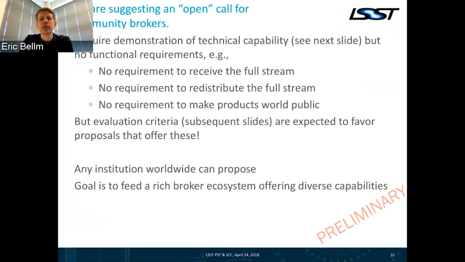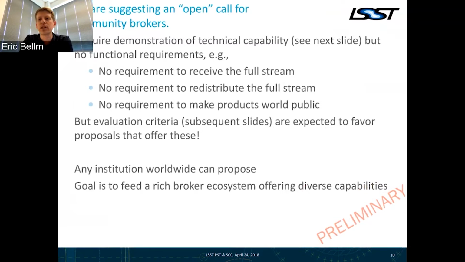And so we're not in particular expecting to levy strict requirements to even receive the full stream or redistribute the full stream or make the products world public, although the criteria we're suggesting will favor those proposals that offer those.